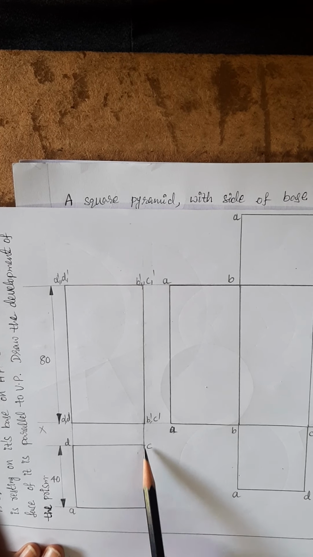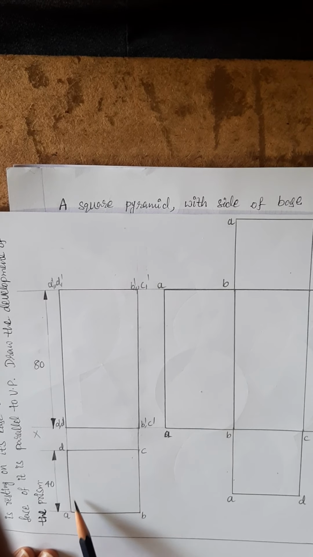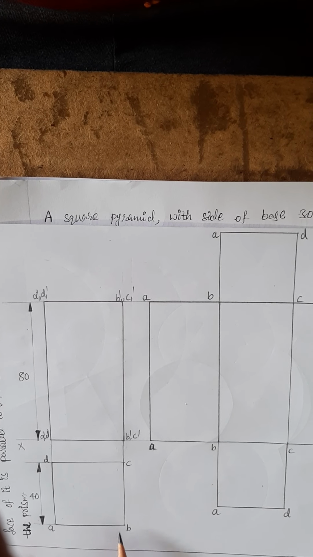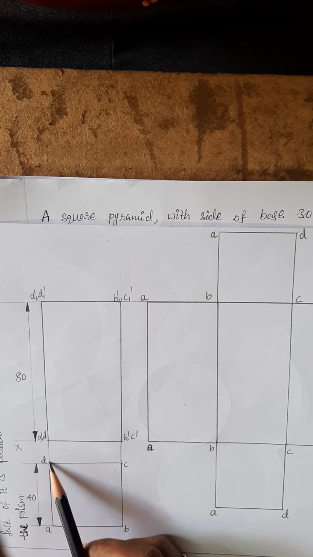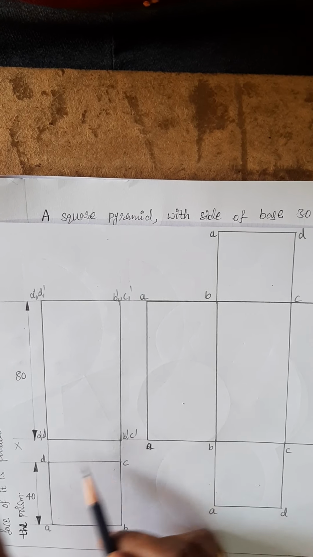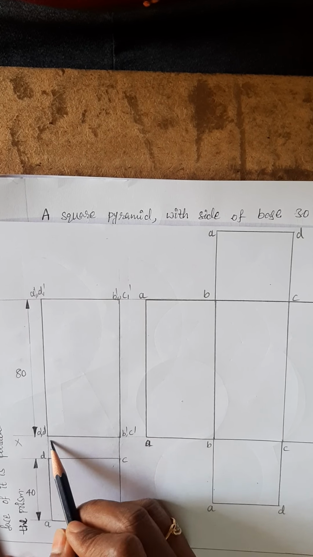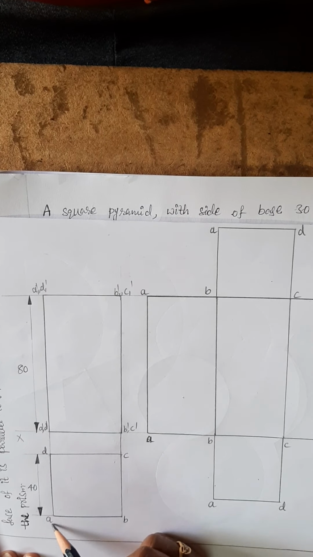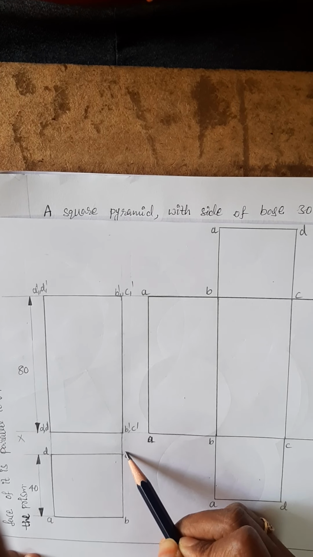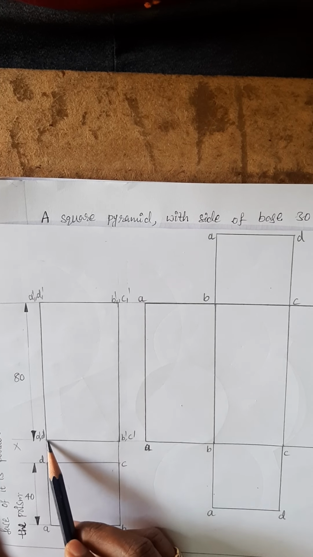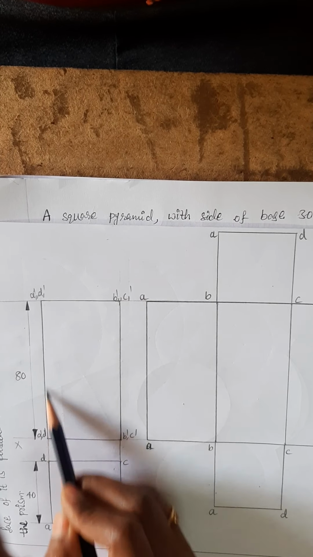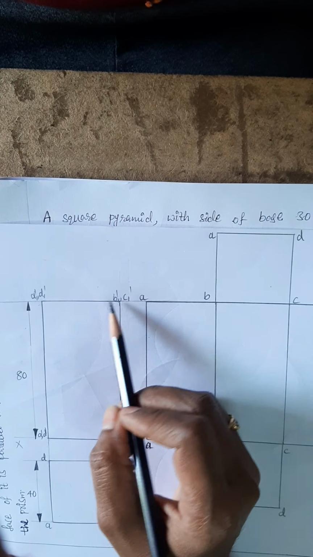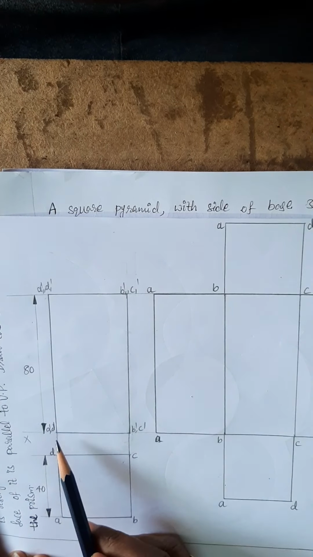Draw the square ABCD with the side of 40 mm, and project from two sides to the front view, so A comma D and B comma C. Draw a baseline, draw the axis 80 mm and complete the rectangle.